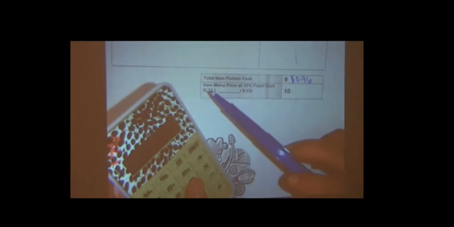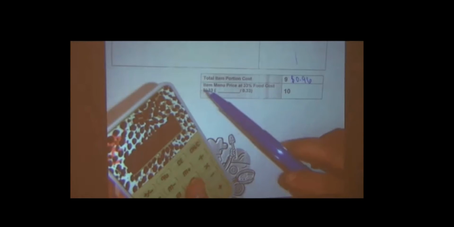And we're going to use our ProStart menu price food cost of 33%. So right here, you're going to take number 9, meaning this number here, divided by 0.33.